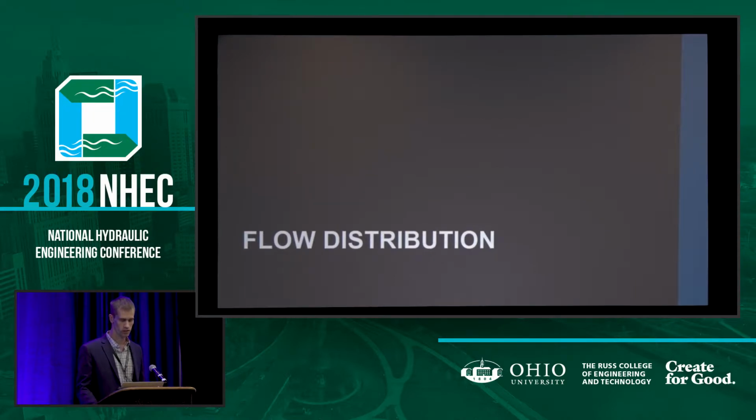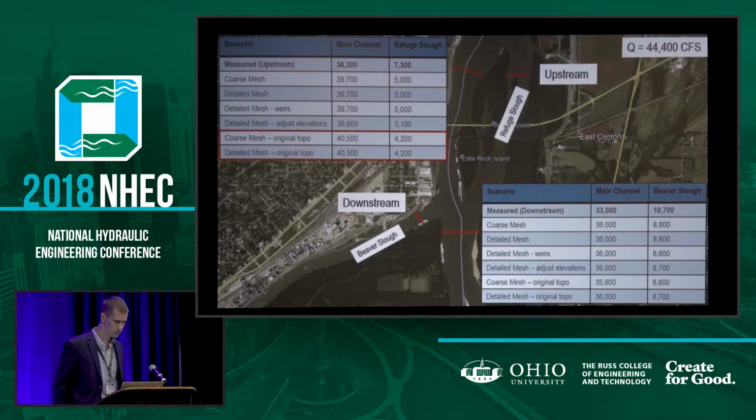So then if we look at the results here, we'll start with flow distribution. And we had some ADCP data from the Corps of Engineers at 44,000 CFS, so a real low flow on the Mississippi.